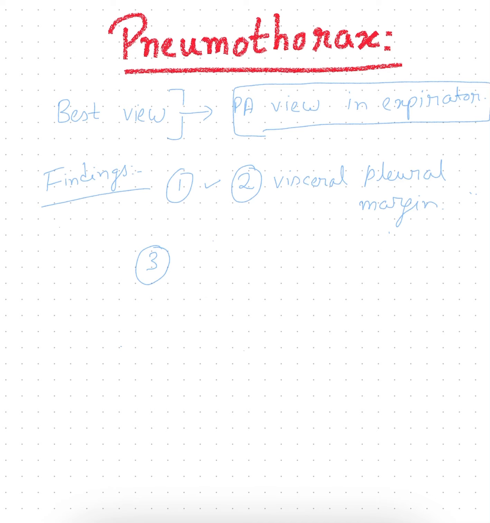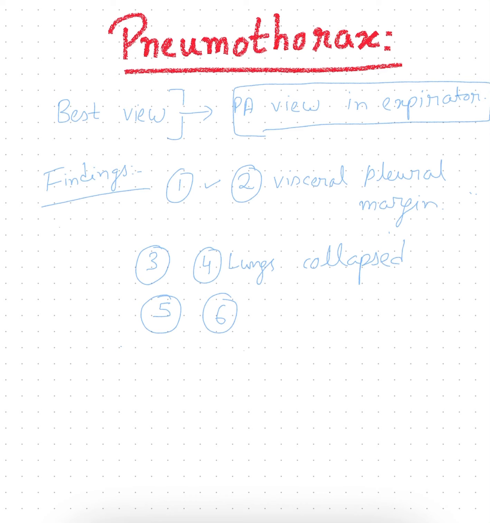The third one is that the intercostal space will be widened. The fourth point is that in the advanced stage of pneumothorax, the lung will collapse and the diaphragm will be pulled downward. The next point will be the contralateral shift of the mediastinum.